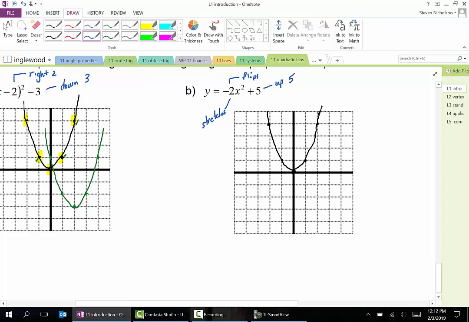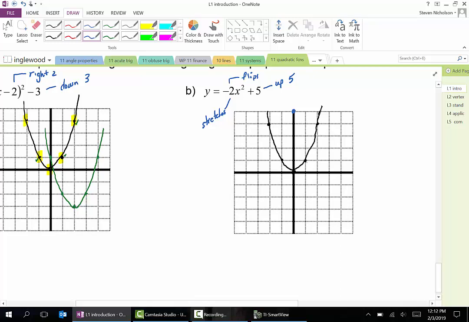If we looked at our vertex, we could imagine the parabola being flipped upside down and then stretching down by 2. The vertex wouldn't move, 0 times 2 is 0, and then we move up 5. So there's our basic idea: we flip this thing upside down, we stretch the coordinates by 2, and we go up.